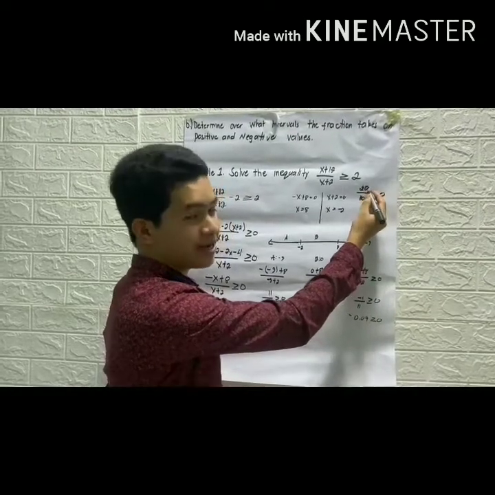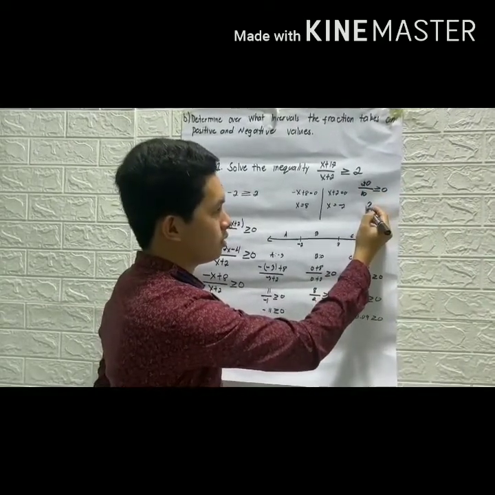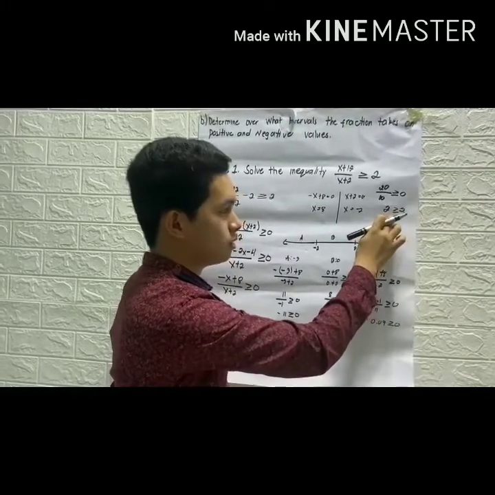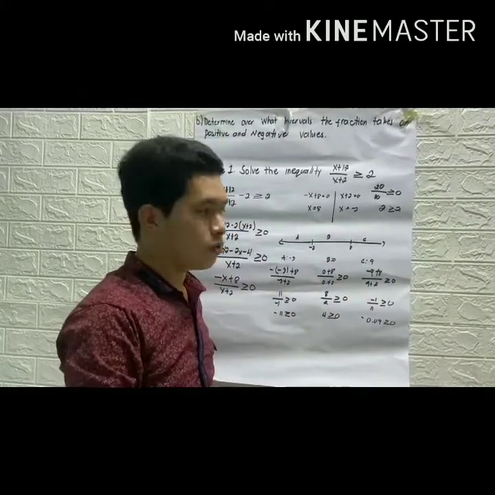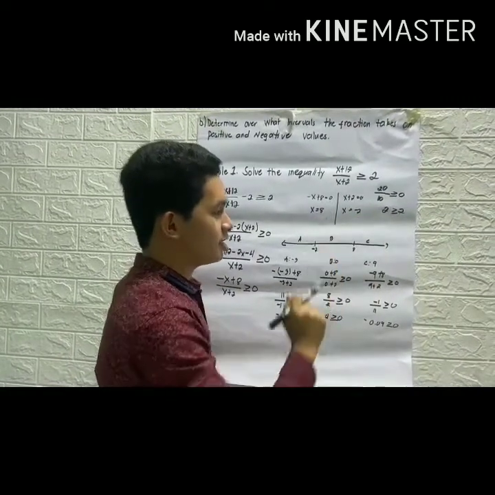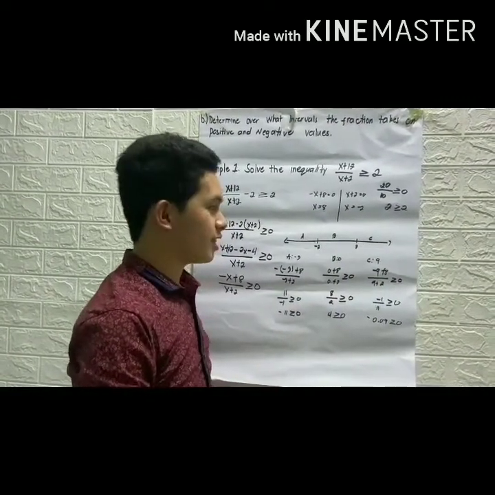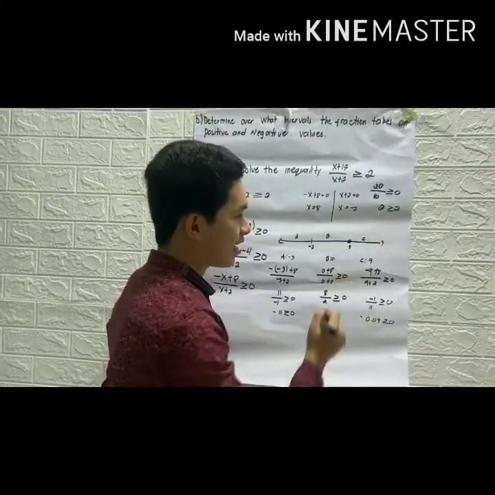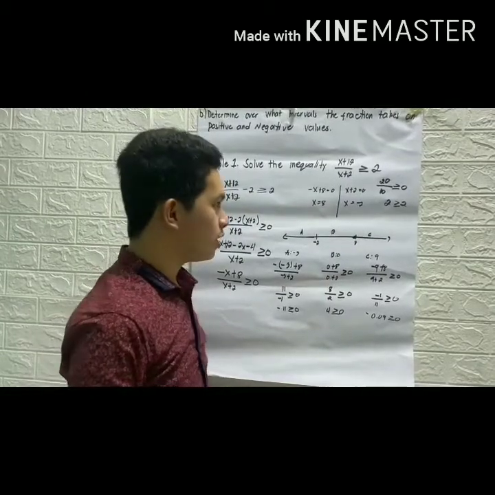So, divide natin yan. So, 2 greater than or equal to 2. So, that is true. So, ibig sabihin, kasali si 8 sa solution set natin. So, lagyan natin to ng shade para ma-identify na kasali yan sa solution set natin.